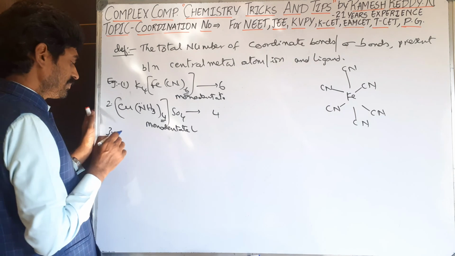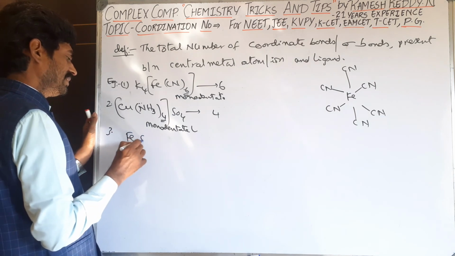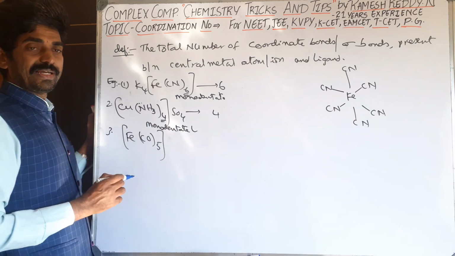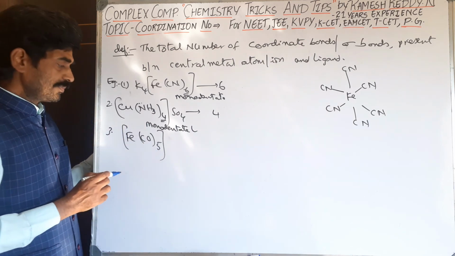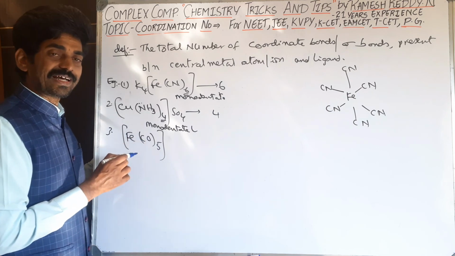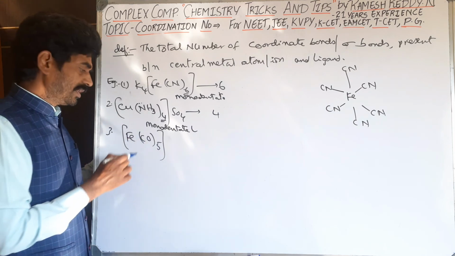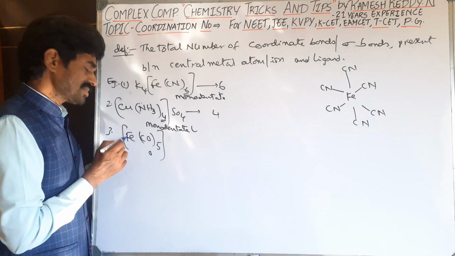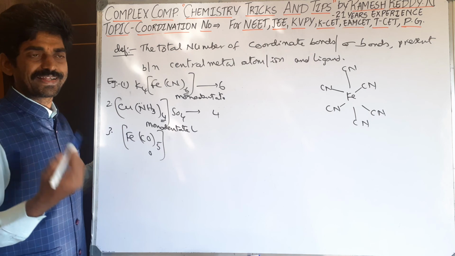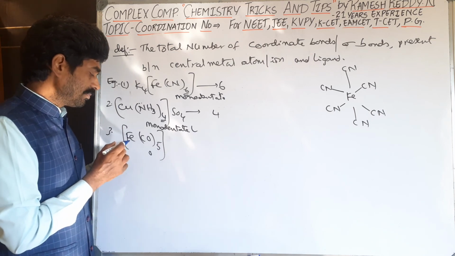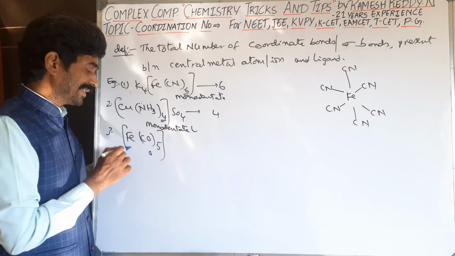Next, another example. Take Fe(CO)5, iron pentacarbonyl. It is a neutral ligand because CO is carbon monoxide. As a ligand, you call it a carbonyl ligand, and it is neutral, so it does not carry any charge. So the central metal atom does not carry any charge either. These are called metal carbonyls.